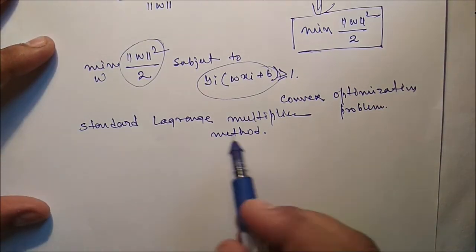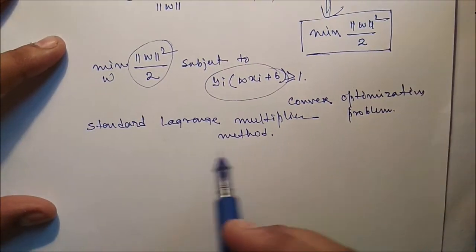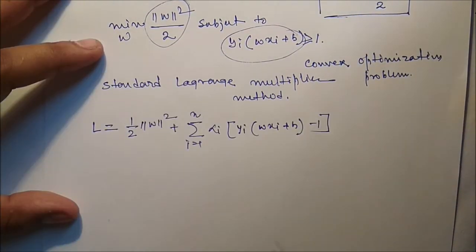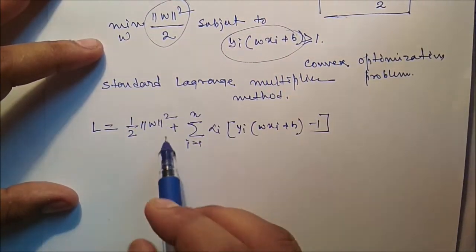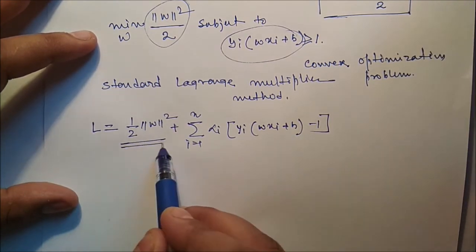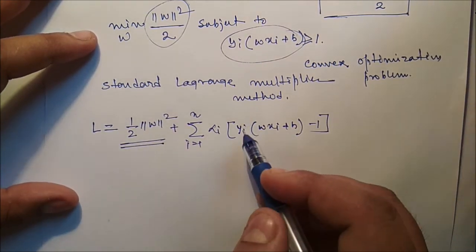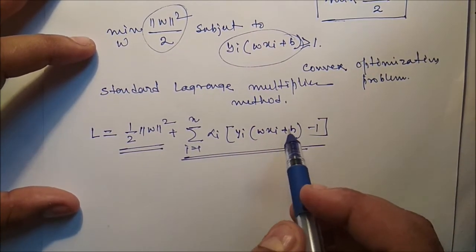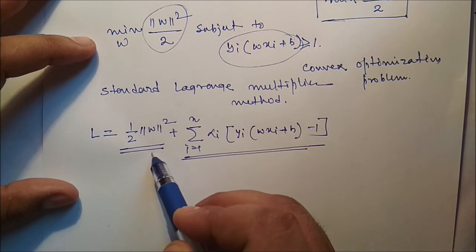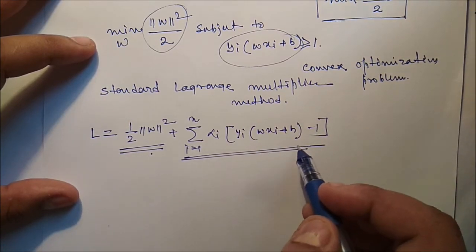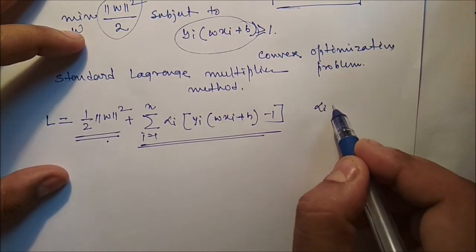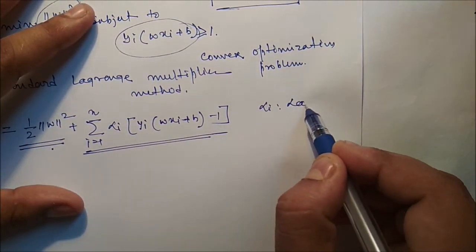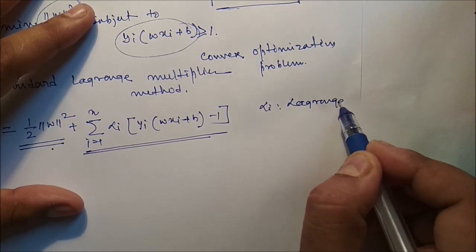So we have to rewrite the equation: this is our objective function, and this part is the constraint. We have accommodated the objective function as well as the inequality constraints, where alpha i is called the Lagrange multiplier.